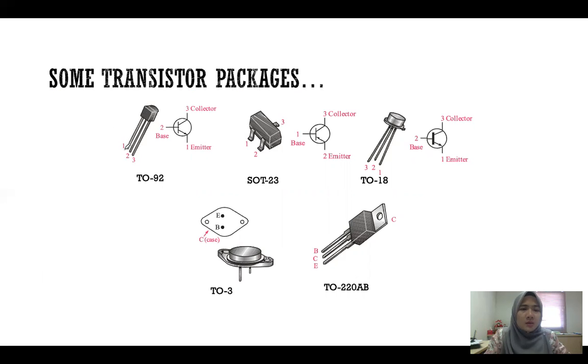It looks like this. You have three feet, 1, 2, 3. Because remember, a transistor has the emitter, base, and collector. So all of this, even though the design is different, you will always see that it has 3 feet. Okay, 1, 2, 3.